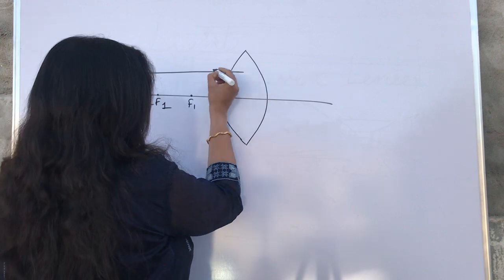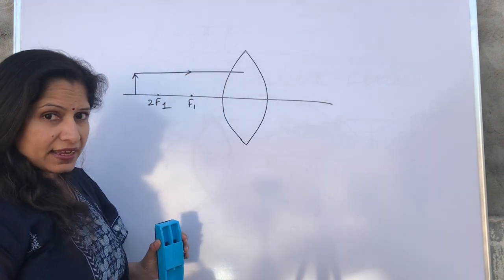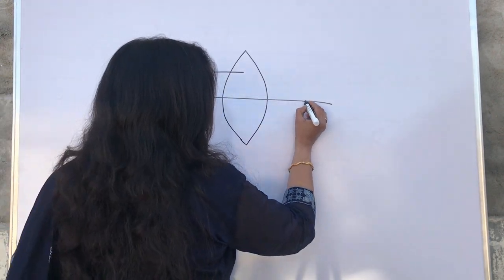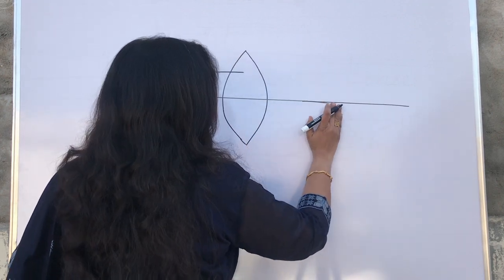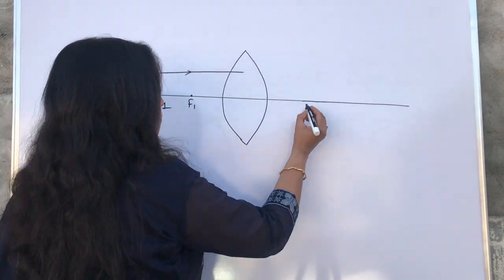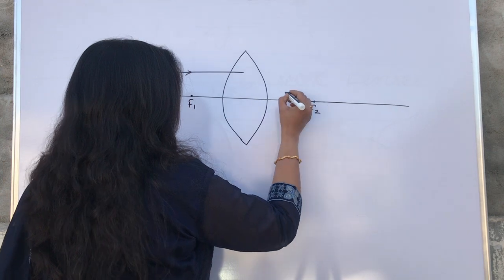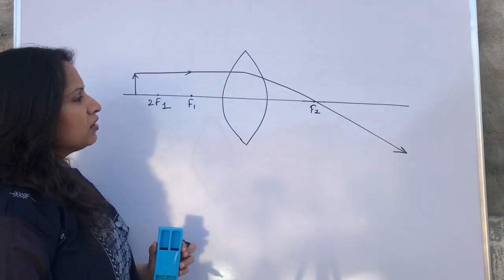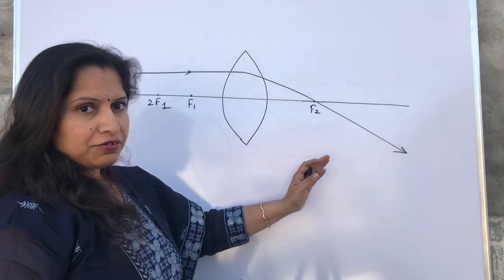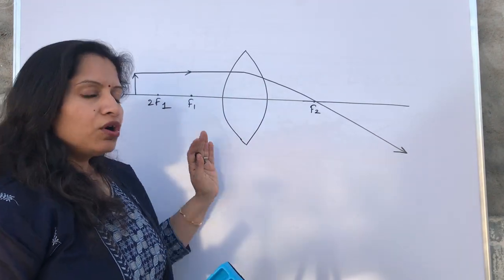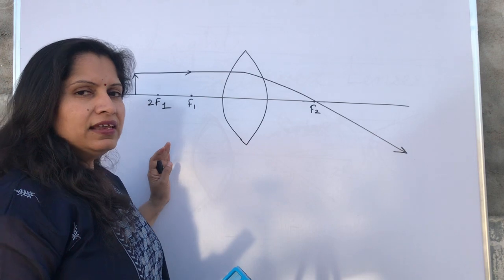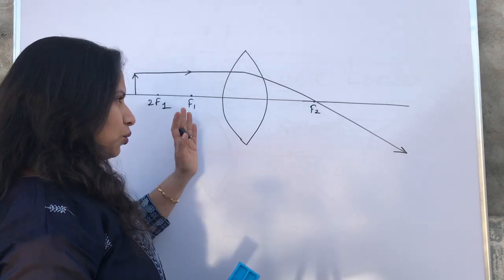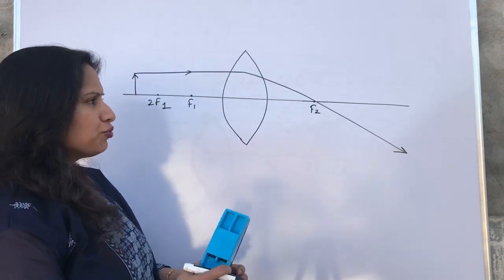One of the light rays coming parallel to the principal axis, after refraction, where will it pass? That will pass through F2, the second focus. Always remember, in a lens we can place the object on any side, but conventionally we always place the object towards the left side. As a convention, we need to follow some rules.